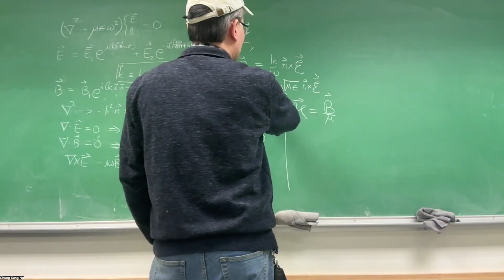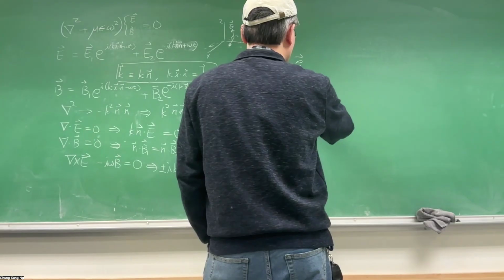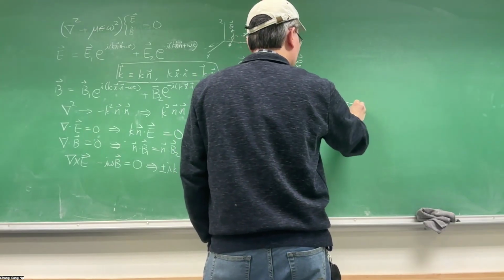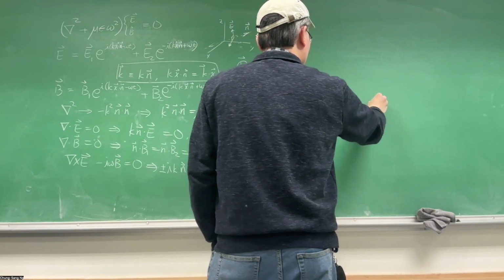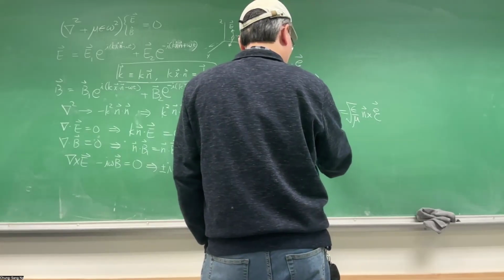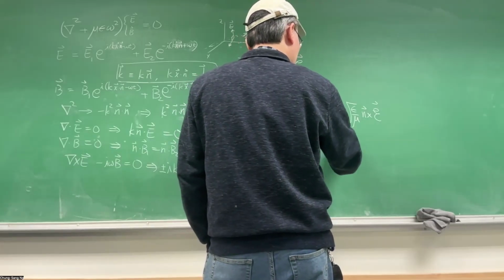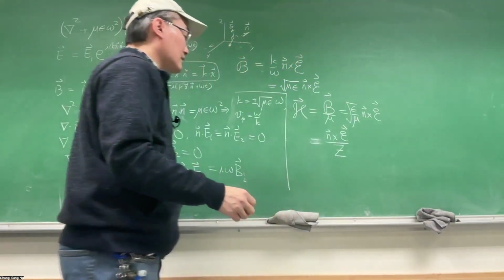So in that case, it becomes divided by mu. You have this epsilon mu and cos B, and this comes in terminology. You have n cos B divided by this Z factor.